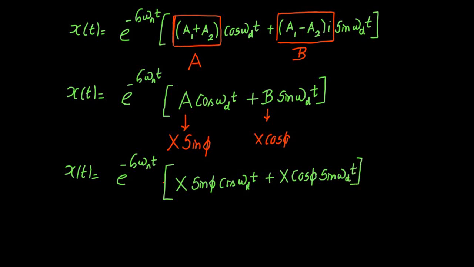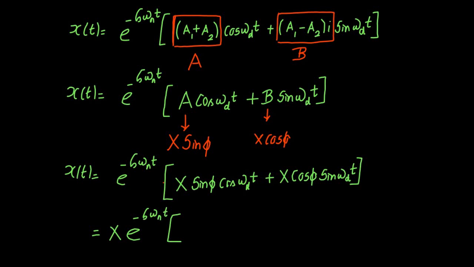You can pull x common outside, so it can be written as capital X into e power minus eta omega n t. I'm using the words eta and psi interchangeably, so it's a bit annoying even for me, so please forgive me.